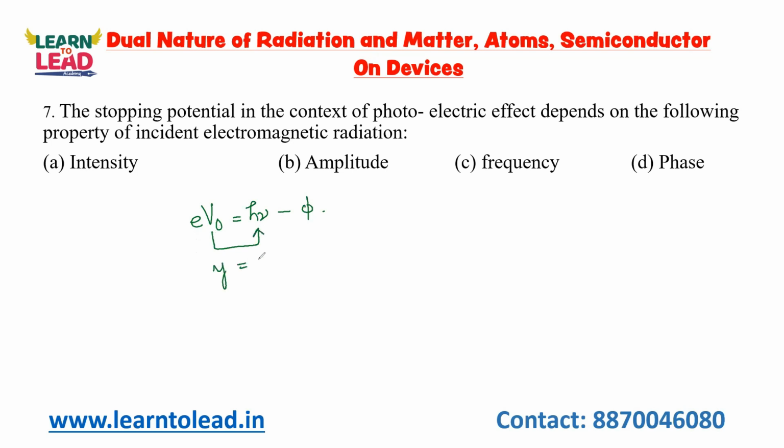Y is equal to mx plus c, right? It becomes a line equation. So stopping potential depends on frequency. Why not h? h is Planck's constant, it does not change. Frequency changes. So stopping potential depends on frequency.